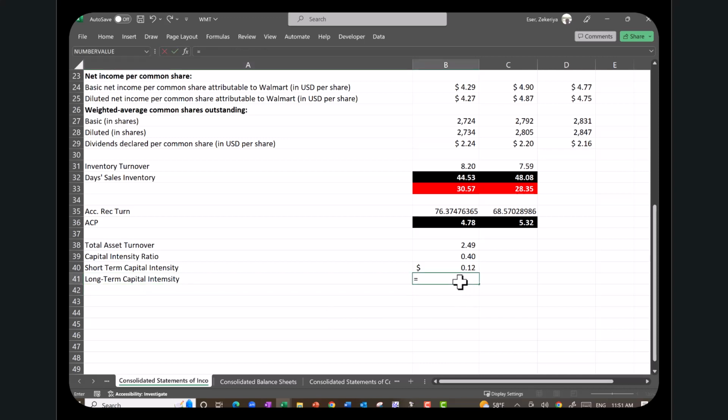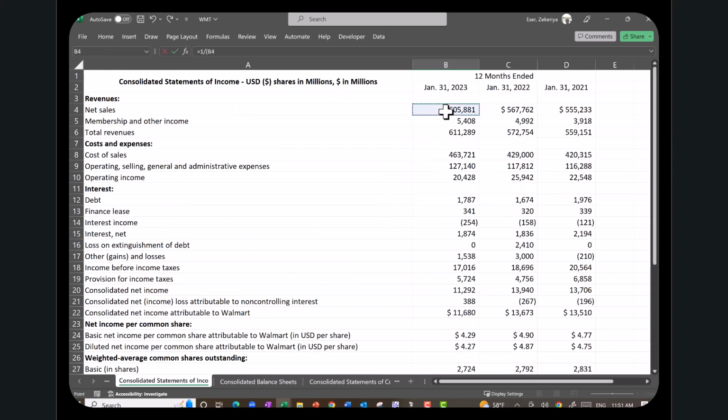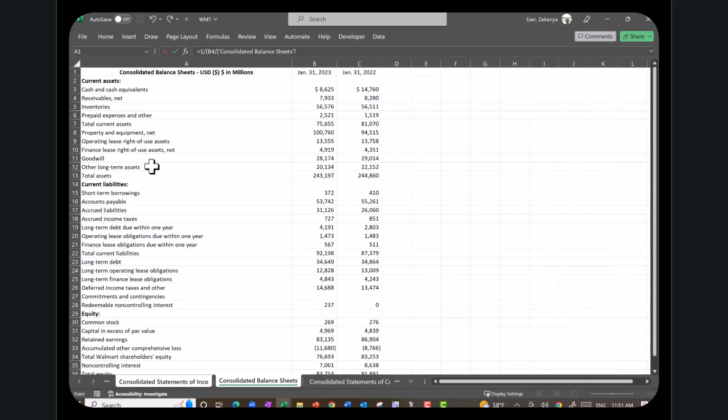That would be 1 over sales divided by net fixed assets, which is total assets minus current assets.